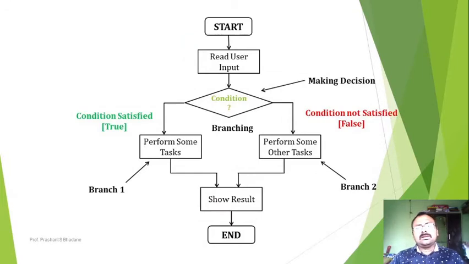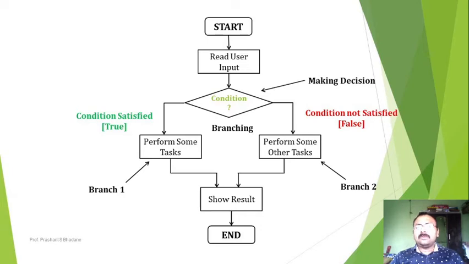Here is the flowchart of decision making. Start symbol, then read user input to get the input from the user. For one of the conditions, if the condition is true or satisfied, perform some task, that is branch 1, and then show the result.